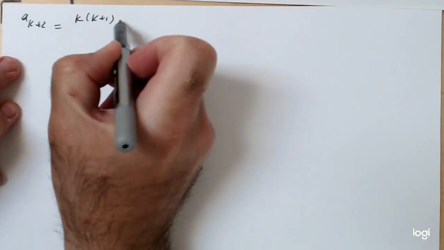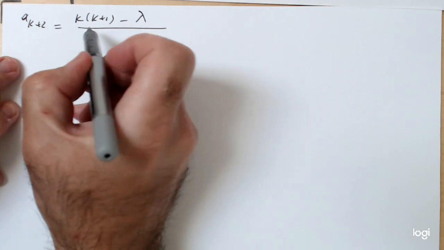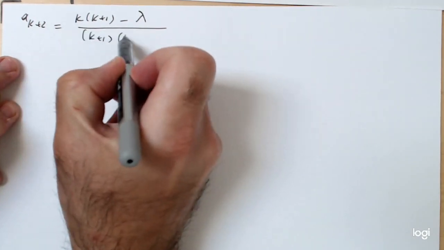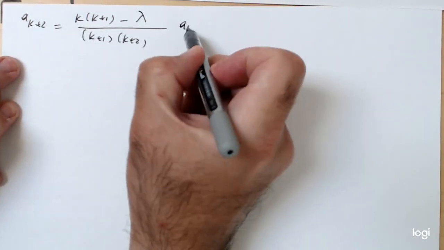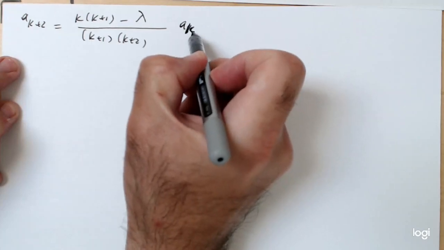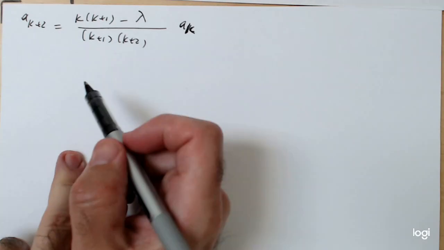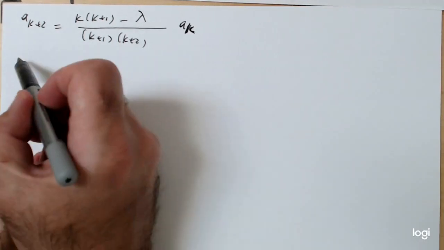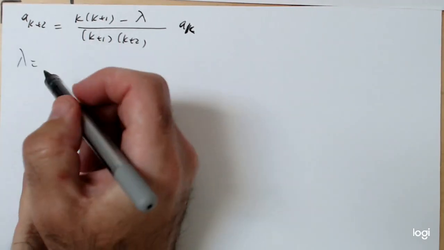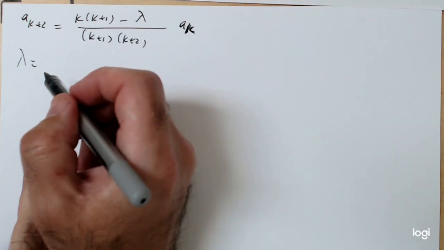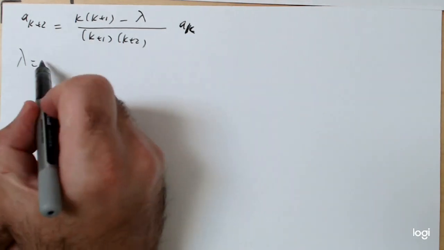So the recursion that gives me the coefficients. And let's say I'm going to want to illustrate this with an even Legendre polynomial. So let's say I want lambda to be of the form 4 times 4 plus 1.